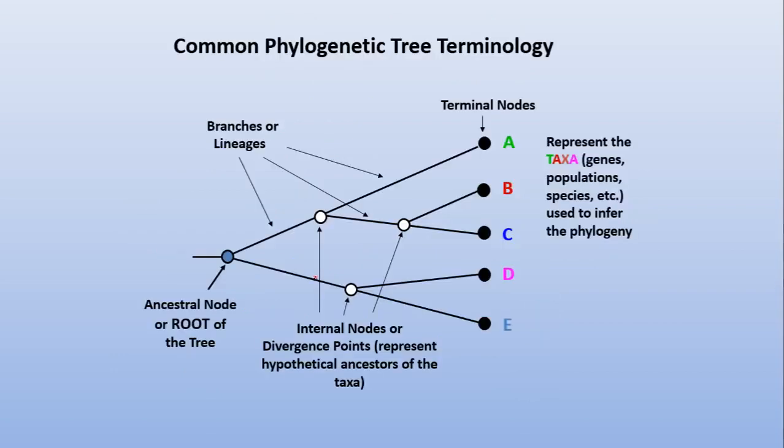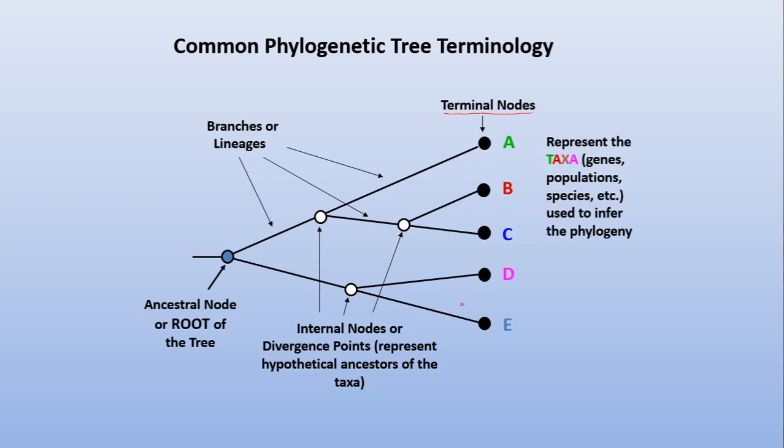Okay, so let us try and understand some common phylogenetic tree terminologies before we proceed for further discussion. If you have been provided with any tree, the nodes that are present on the terminus of your tree are usually referred to as terminal nodes.